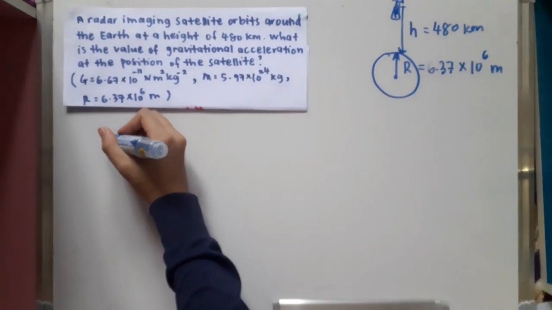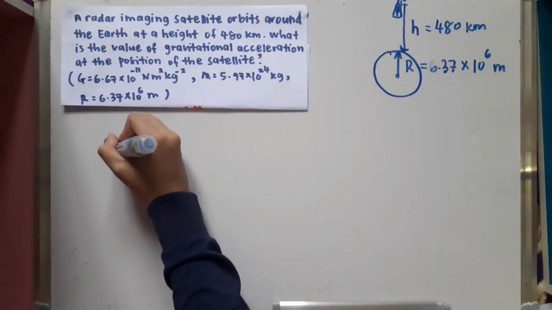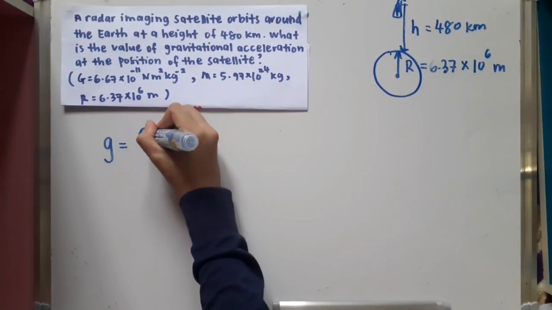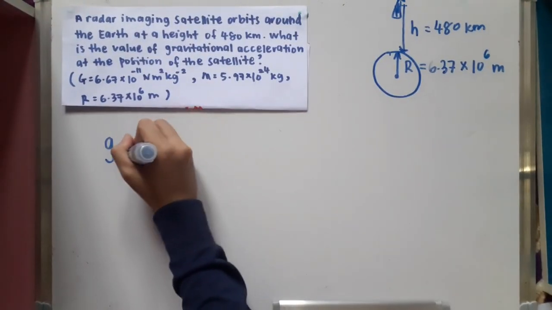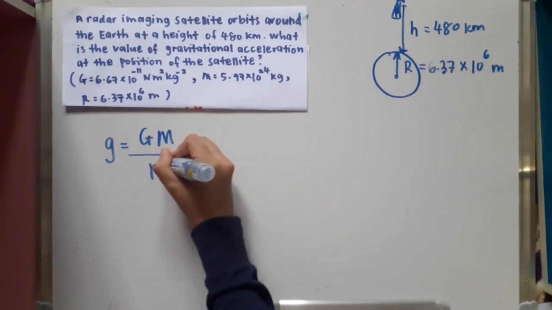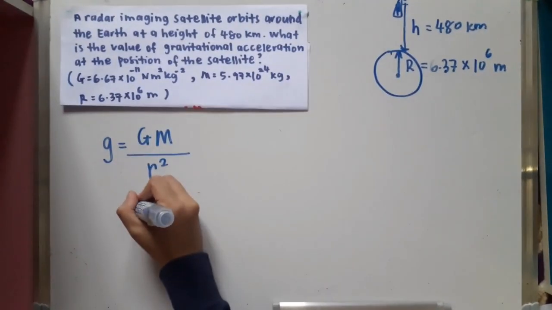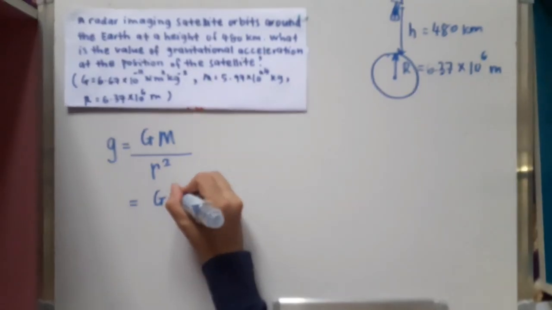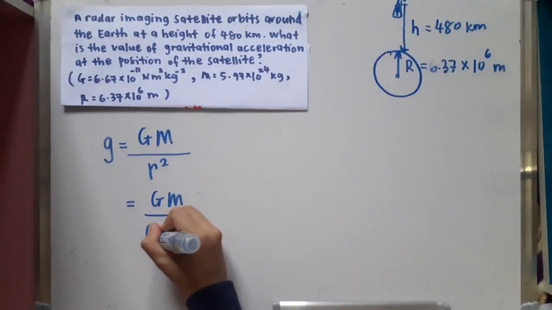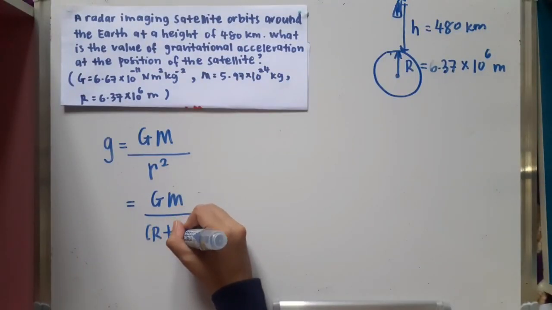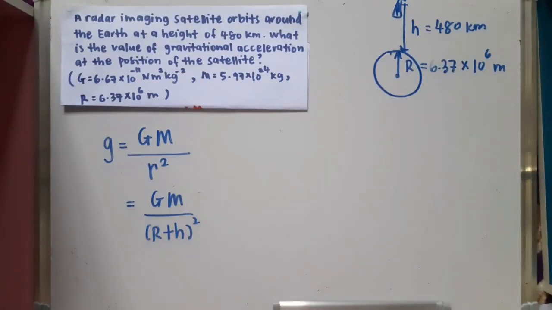So the formula to find gravitational acceleration is g equal to GM divided by R square, or g is equal to GM divided by (R plus H) square.